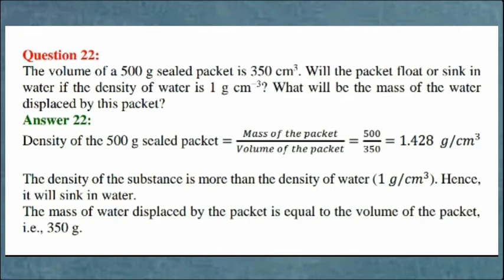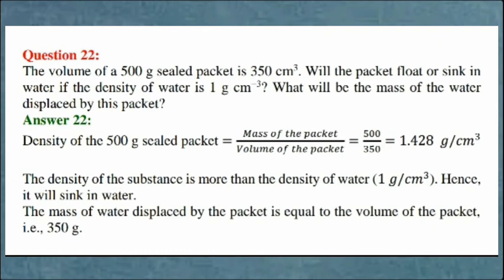Now if we calculate the mass of the water displaced by this packet, the volume of the water displaced is equal to the volume of the packet, that is 350 centimeter cube, and the density of water is 1 gram per centimeter cube.